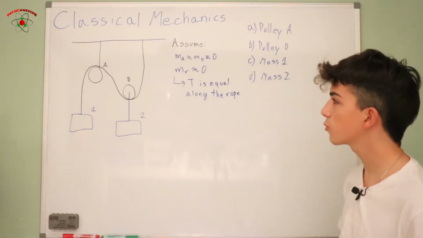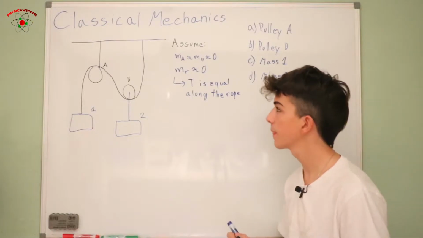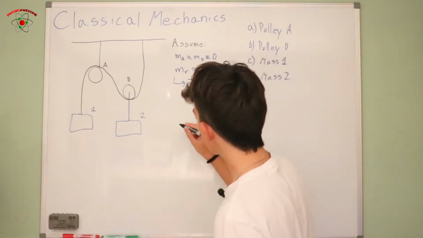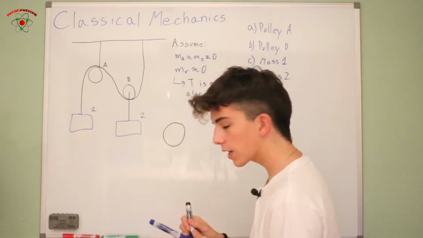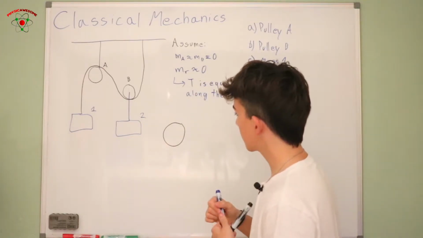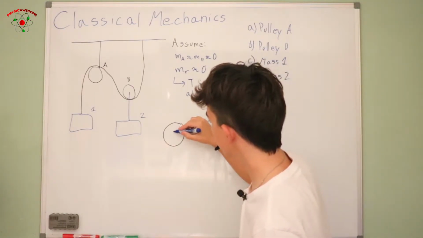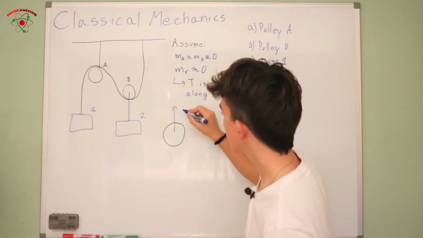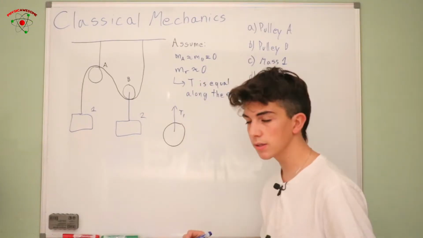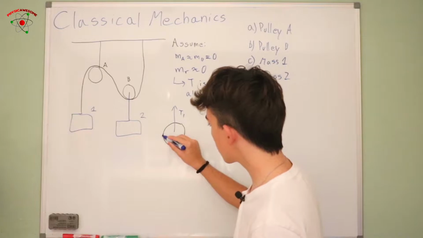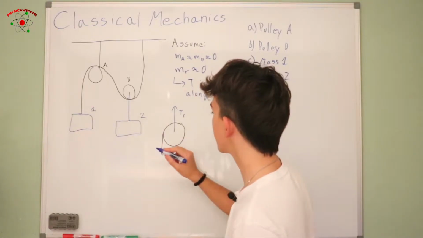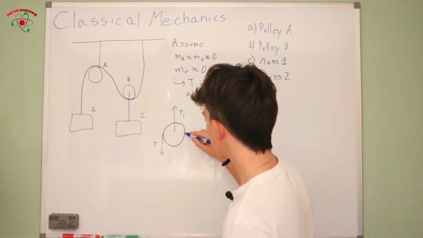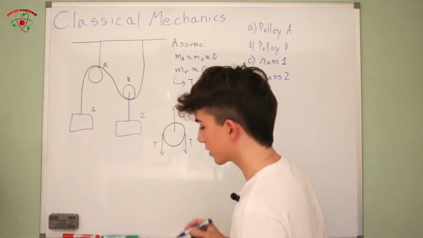We will start with pulley A. We will draw pulley A right on here, and pulley A is being applied a force of tension in this direction. We'll call it T1, and it's applied a tension from the principal rope in this direction and a tension from the principal rope in this direction.